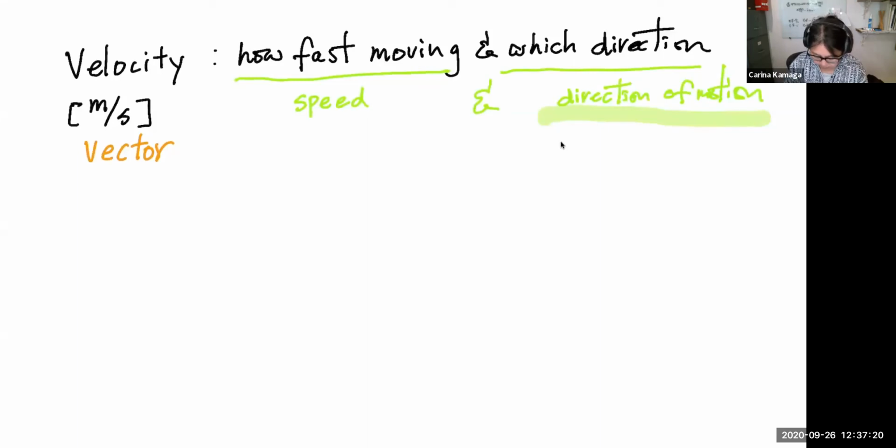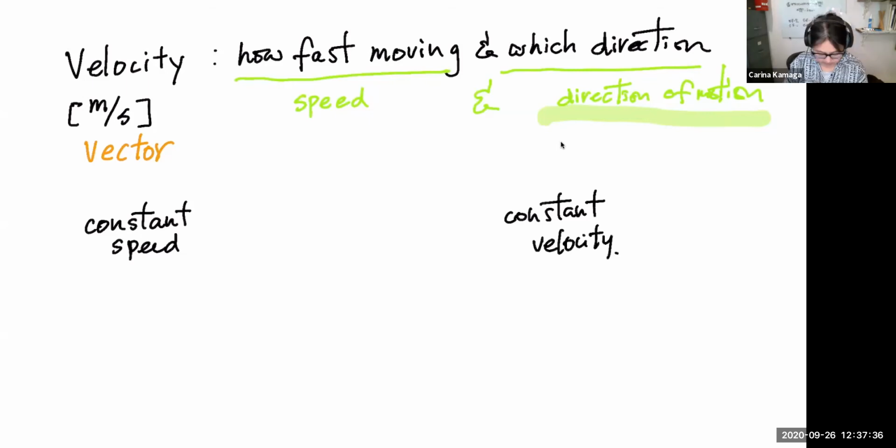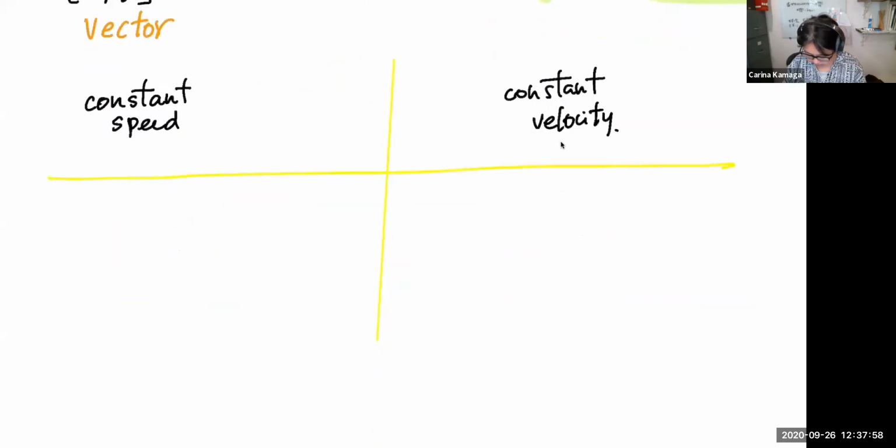When you hear constant speed, and constant velocity. Let me use the color, and then it's better.